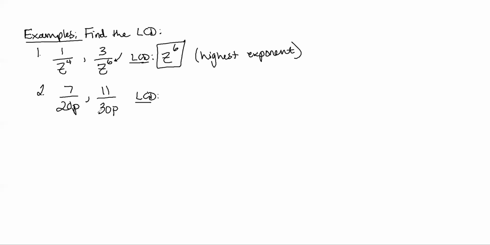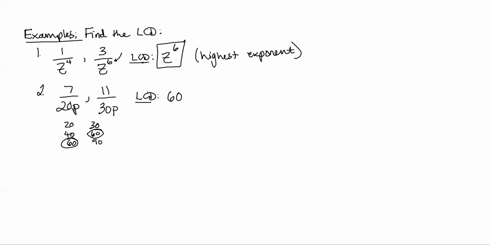What is the smallest number that 20 and 30 both go into? They both go into 60. Remember, this number should always be at least as big as these two numbers, should never be smaller. And if you're ever unsure about what that number is, remember you can list out the multiples of these. So 20, 40, 60, 30, 60, 90, and the smallest number they have in common is 60.